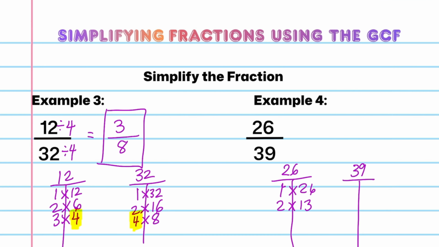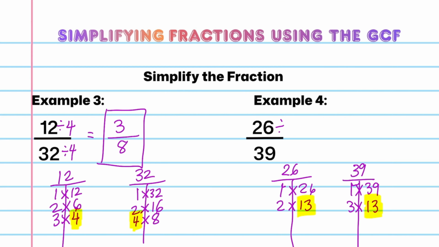We'll do the same for 39. We have 1 times 39, 2 doesn't go into 39, 3 goes into 39 13 times, so 3 times 13, and that is all of my factors. What is the greatest factor they have in common? 13. 13 times 2 is 26, and 13 times 3 is 39.